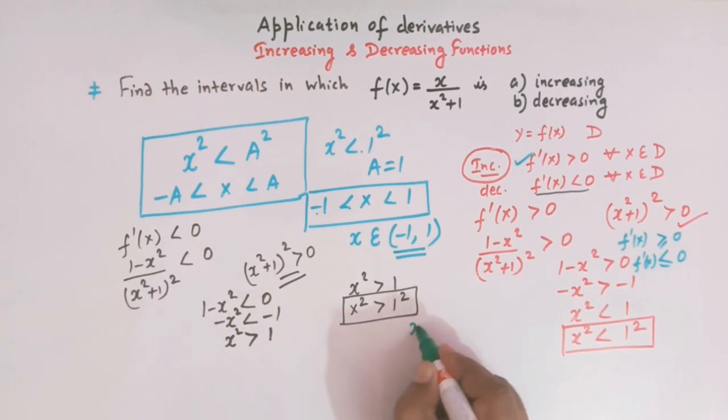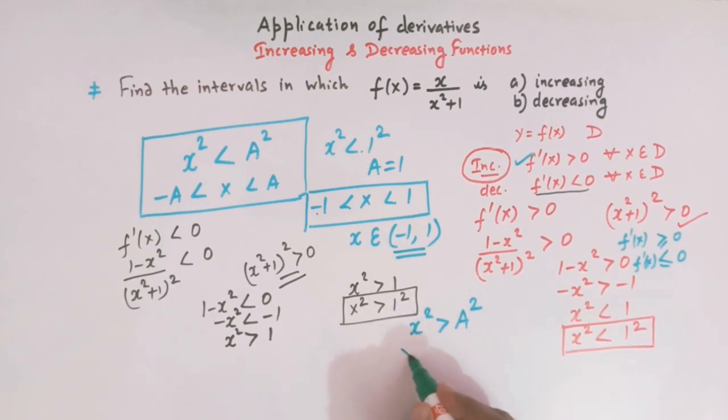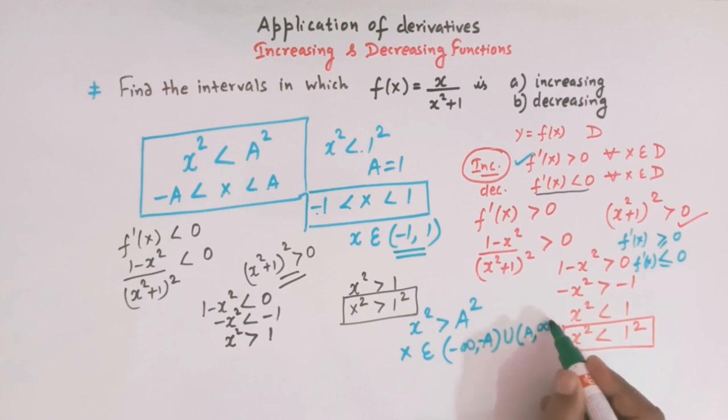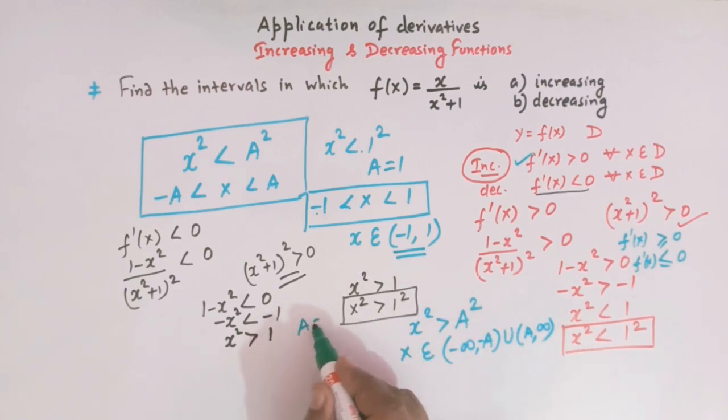If we have x square greater than, say, a square, where a is some real number, then x belongs to this interval, that is from minus infinity to minus a, union a to infinity, right? So whenever we have x square greater than a square, x belongs to this interval. So here again the value of a is 1.